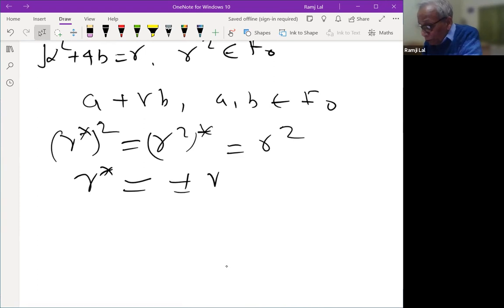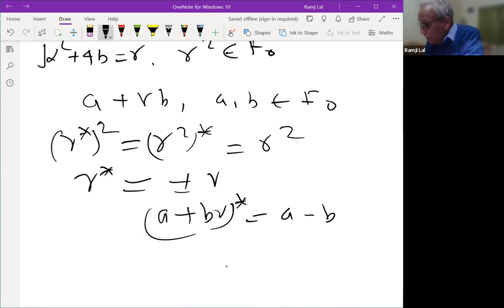So in this case, A plus B gamma star is equal to A minus B gamma. So something like A plus Bi goes to A minus Bi. It is just the prototype of the complex case, the conjugation case. So that is there for any arbitrary involution.